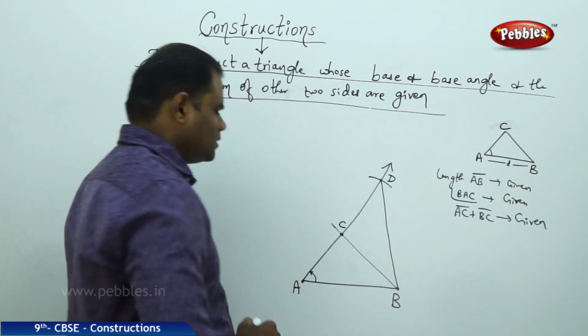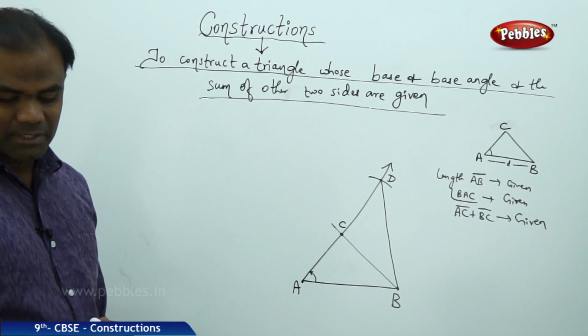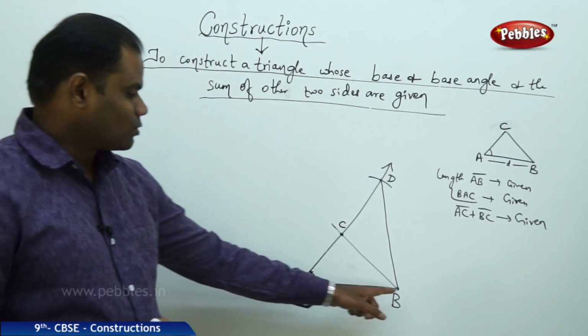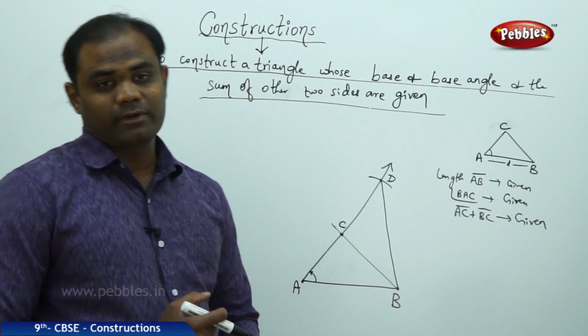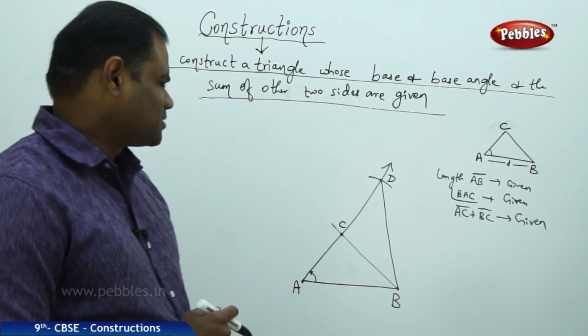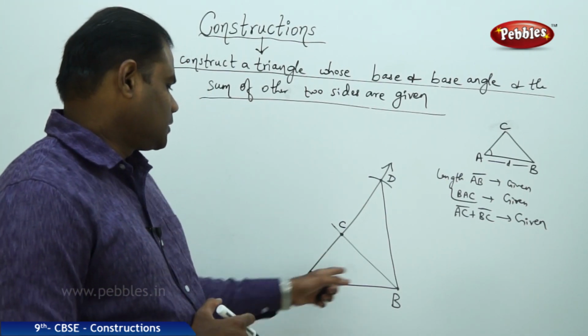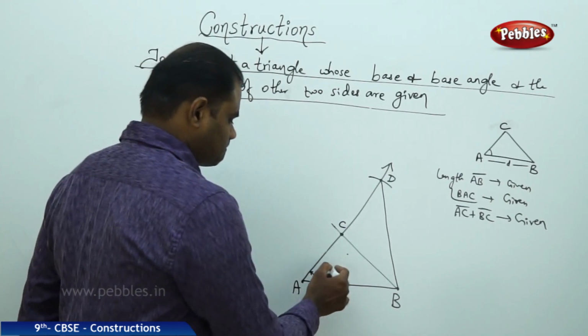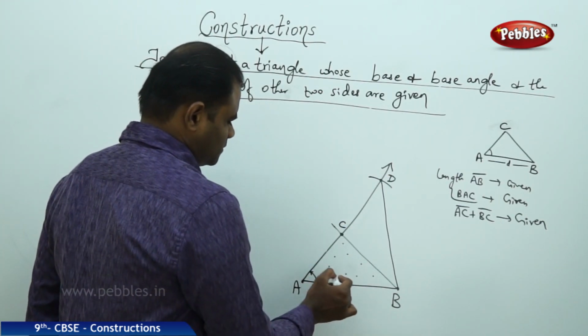cutting at C. So here we clearly say that the triangle which is obtained here is the required triangle. So I clearly get this to be a triangle which is ABC.